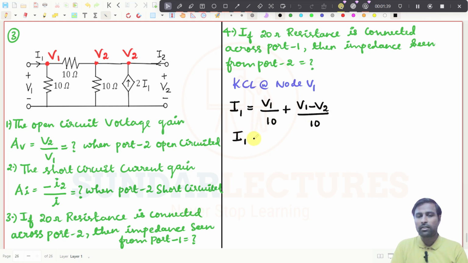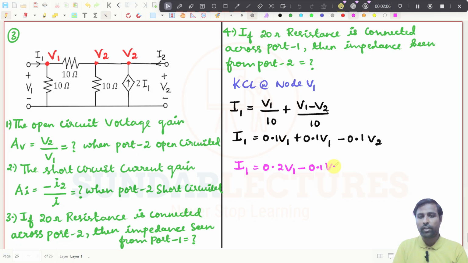I1 will be equal to 0.1 V1 plus 0.1 V1 minus 0.1 V2. So finally I1 can be written as 0.2 V1 minus 0.1 V2.